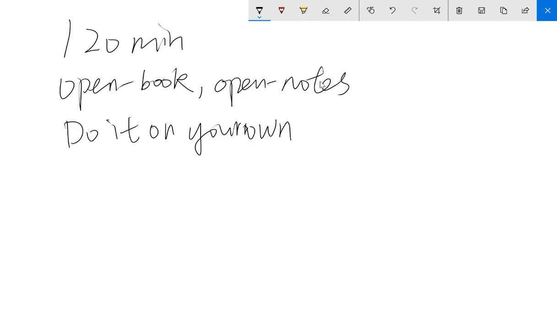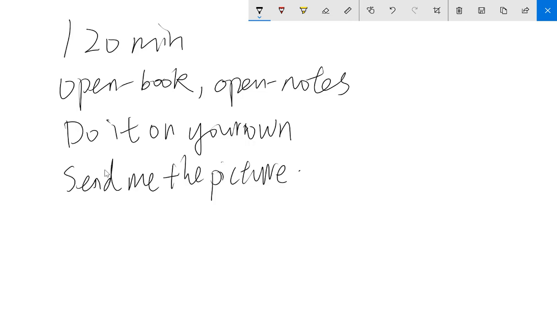120 minutes, open book, open notes, do it on your own, and send me the picture or scanned PDF if you have a scanner by email.